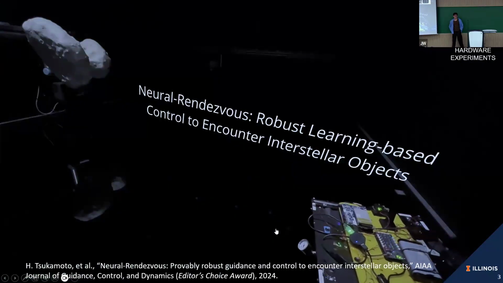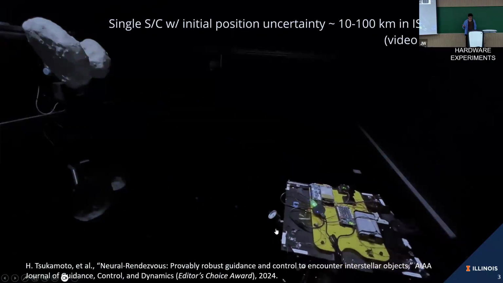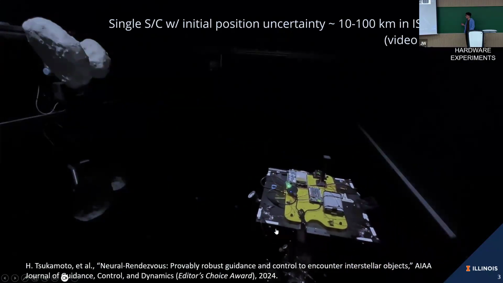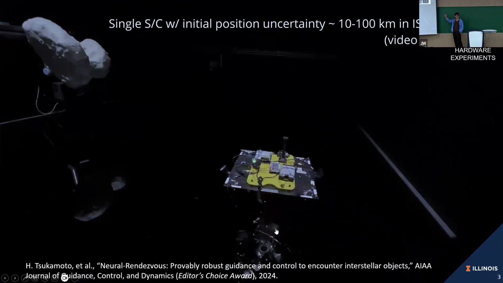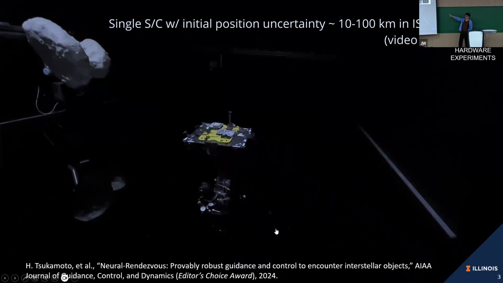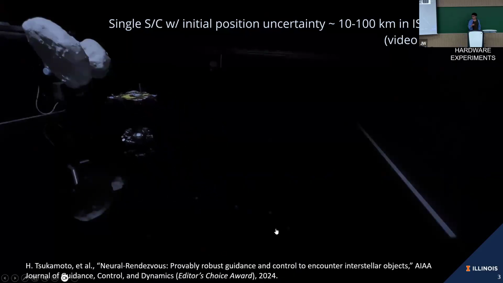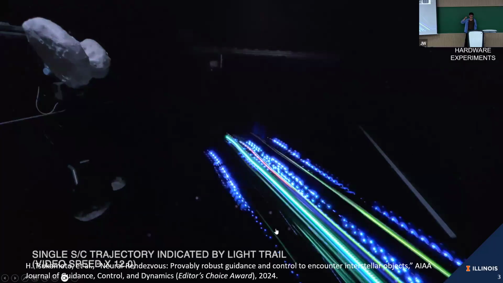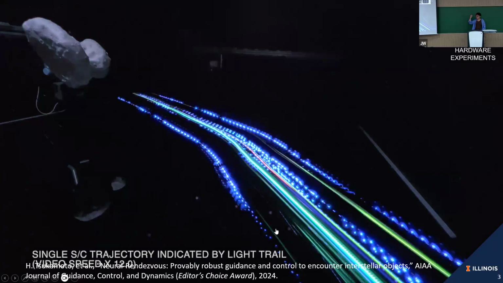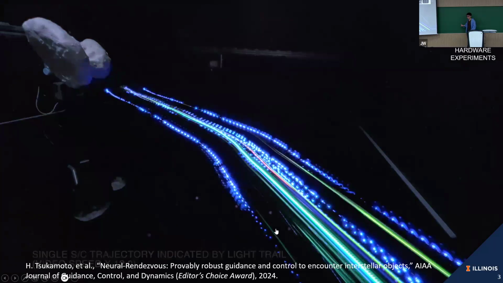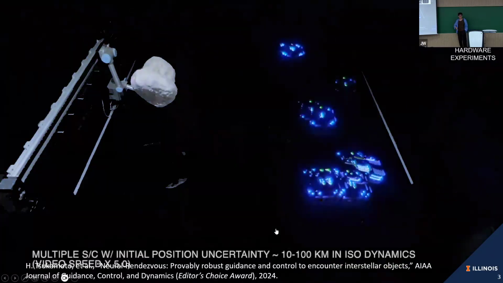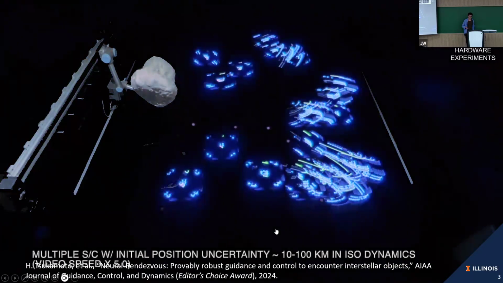We also developed some algorithms and tested them on board. This looks rudimentary, but what's happening is that you have a spacecraft simulator with actual thrusters, and we are injecting significant state uncertainty into the system, so it has to quantify its uncertainty as it goes and use that quantified information to make decisions.